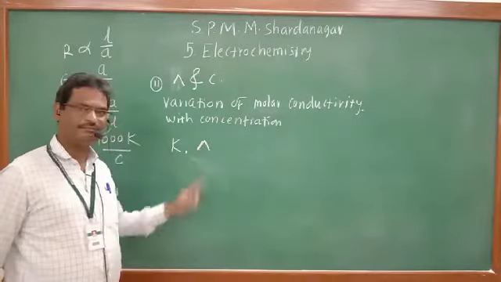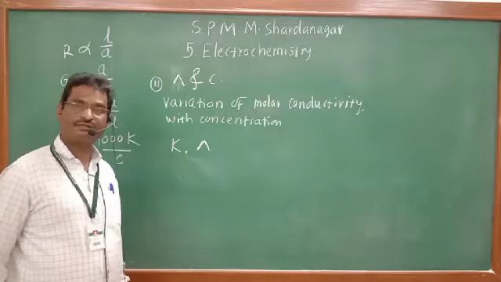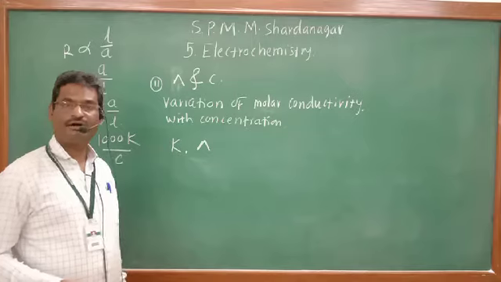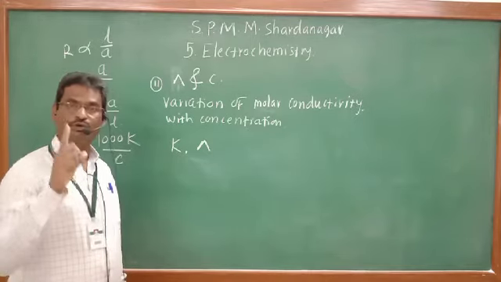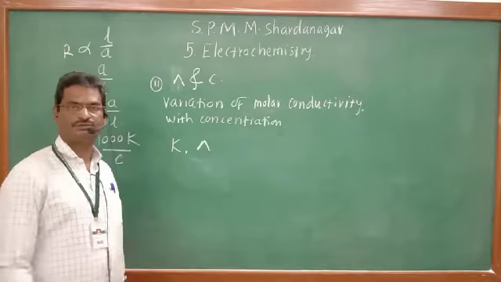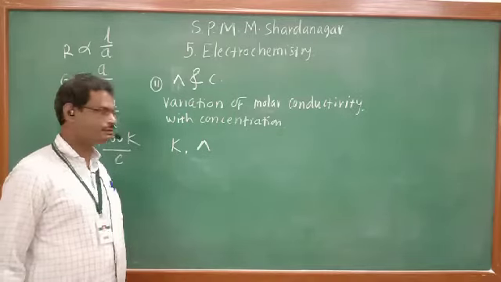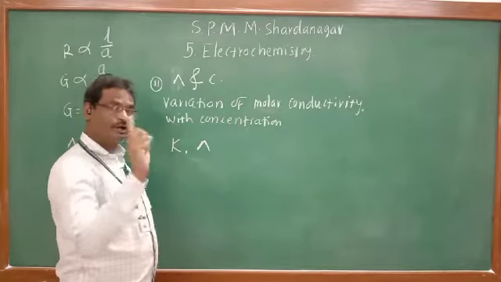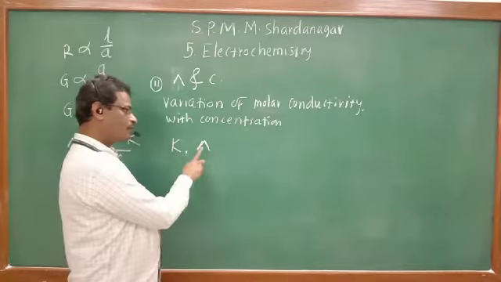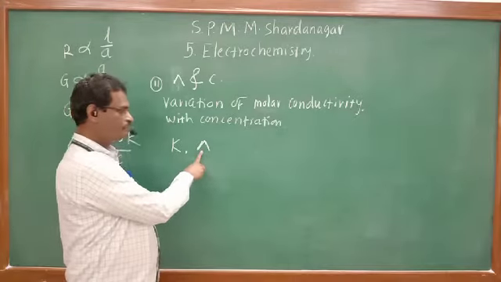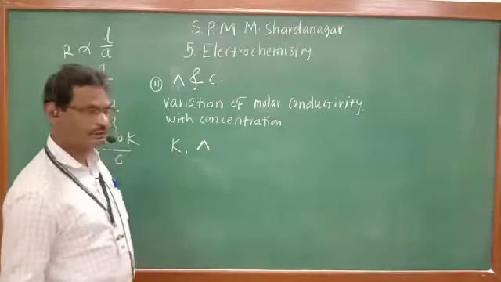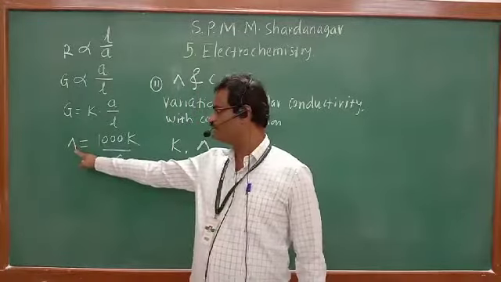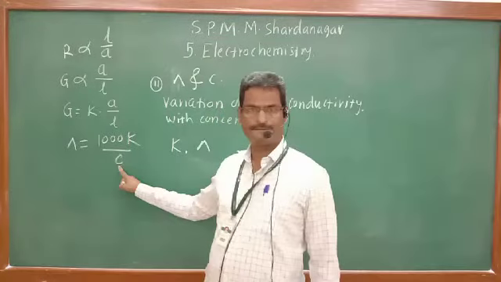Molar conductivity is a conductance of all ions present or obtained from 1 mole substance. Conductance of all ions obtained from 1 mole substance is known as molar conductivity. Now the second definition is important. What is the equation? From this equation, this is molar conductivity and this is concentration.